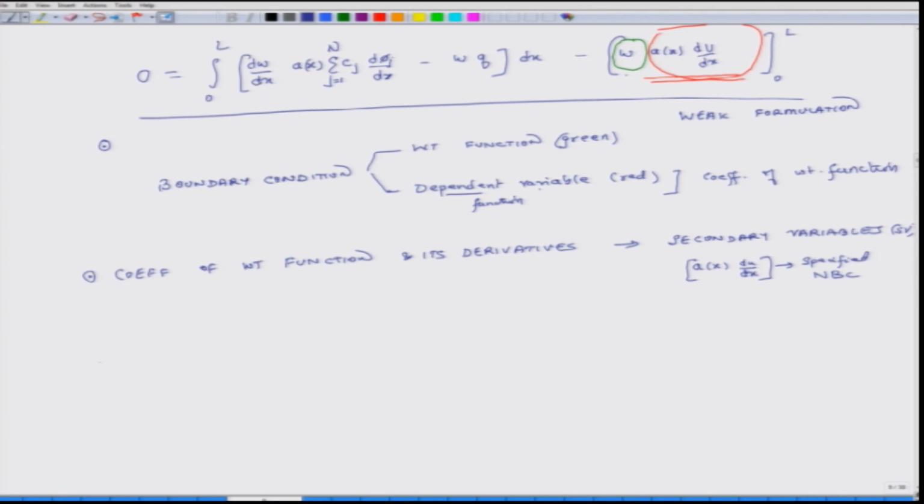The second thing is, if we express the dependent variable in the same form as the weight function and its derivatives, then it is called a primary variable.